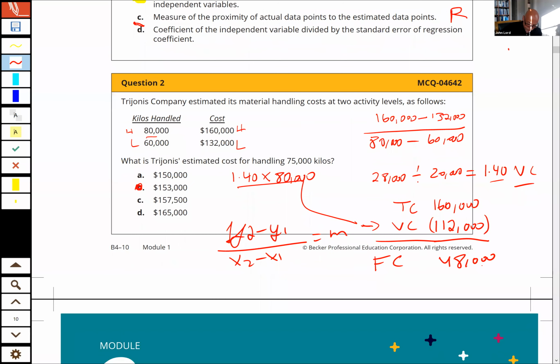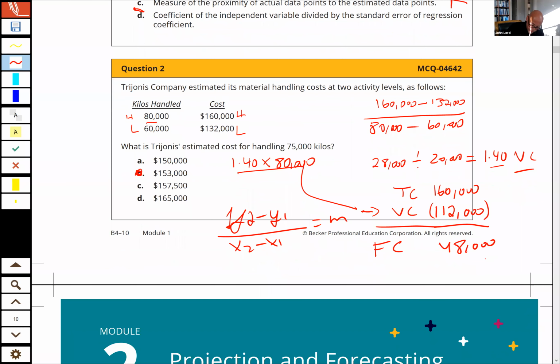So now I've got an equation for my total cost. Total cost is going to be my variable cost per unit, which is $1.40, times whatever units they asked me to plug in, plus 48,000. So in this question, they asked me to plug in 75,000 kilos.